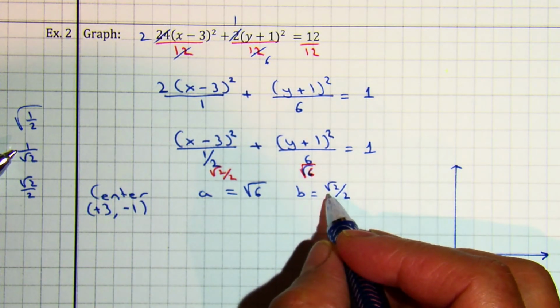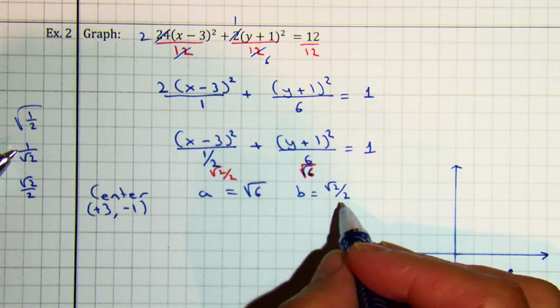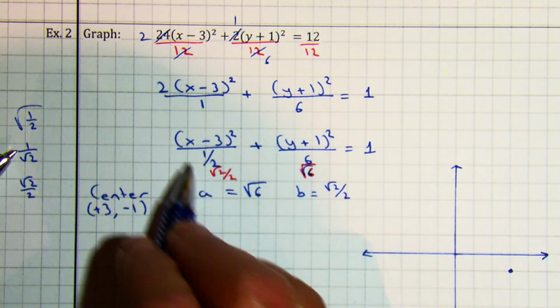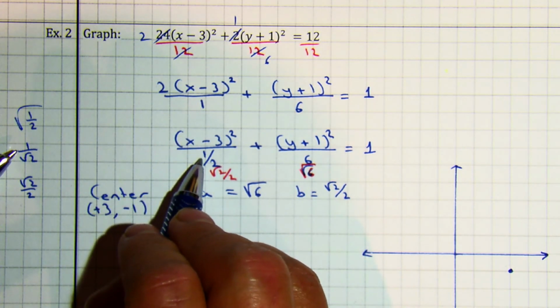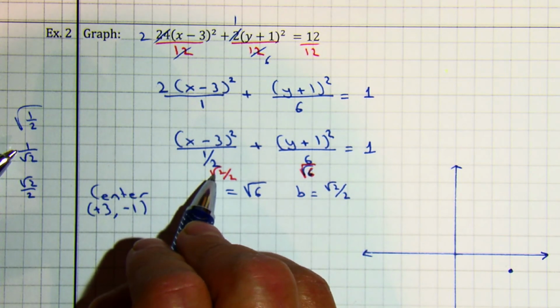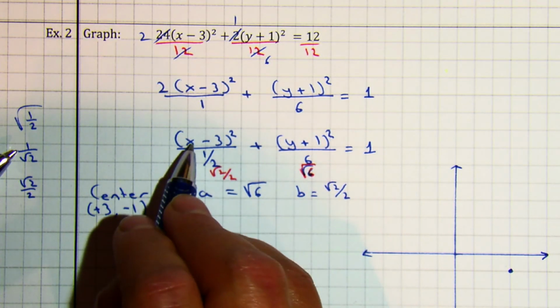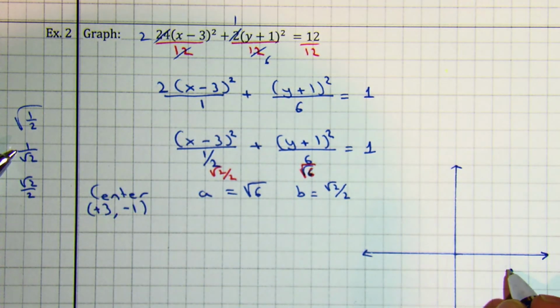And square root of 2 divided by 2, I know the square root of 2 is 1.4, divided by 2 is 0.7. So under my x, there's a 1/2, take the square root, that'll be square root of 2 divided by 2, which will be 0.7. Under the x, so I'm going to go to the left 0.7, and to the right 0.7.